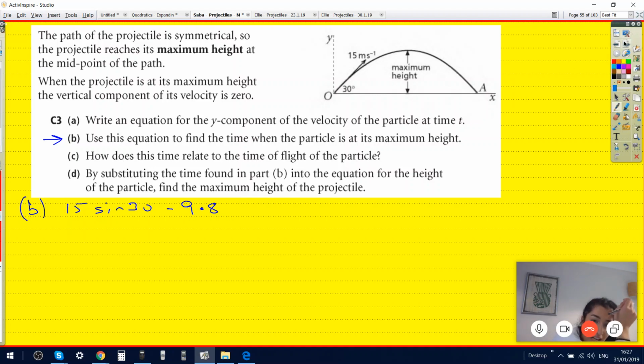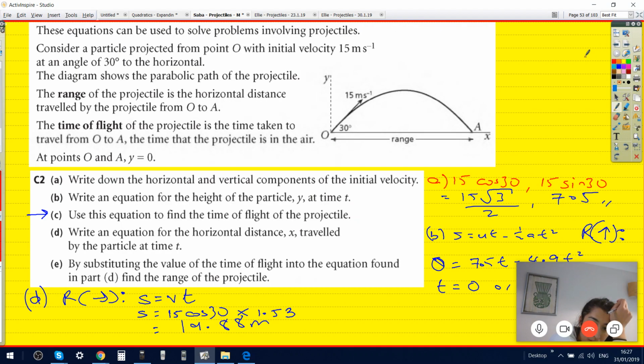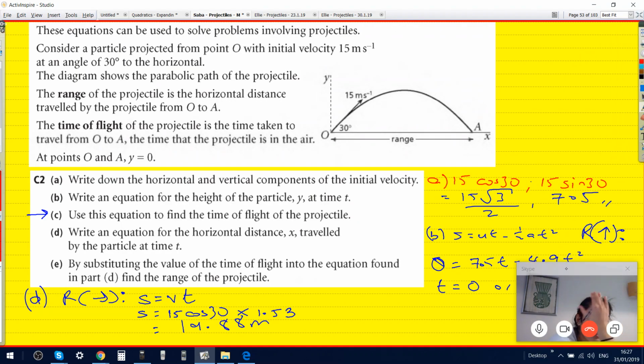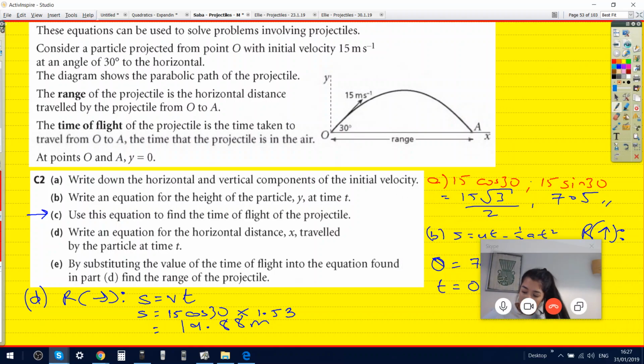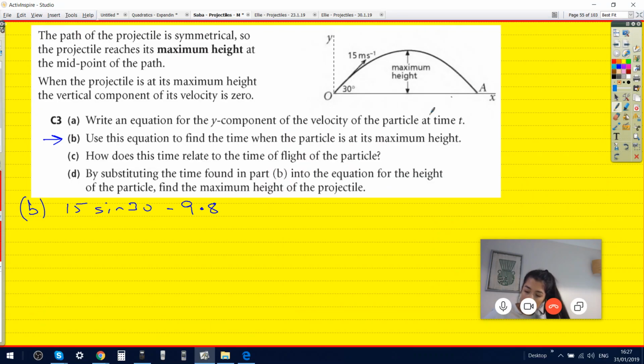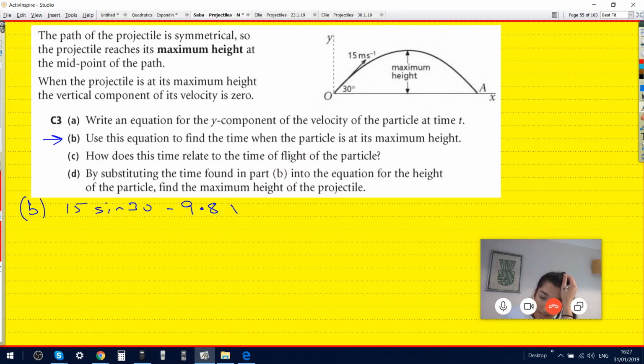Because in C they say how does the time relate to the time of flight of the particle. So what was the time? 1.53? Okay. So 1.53 divided by 2 is 0.765. I mean, you've got everything you need there.